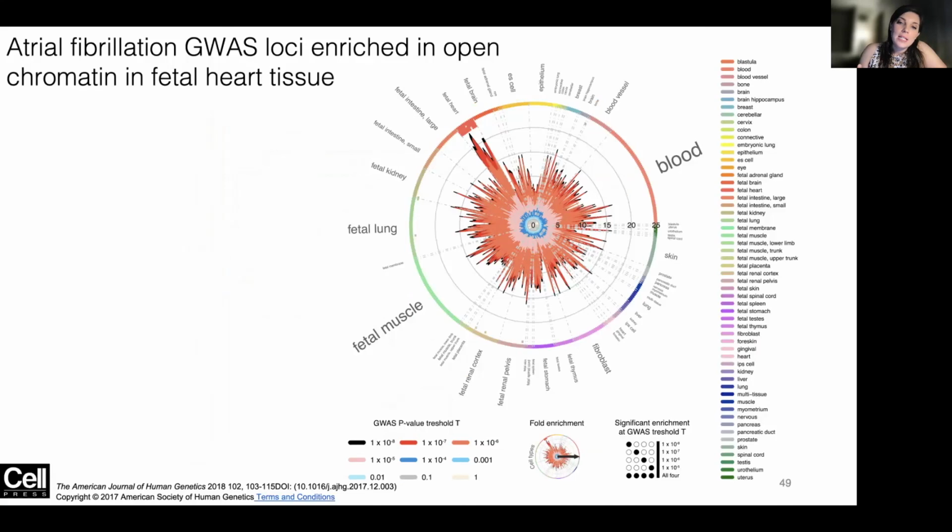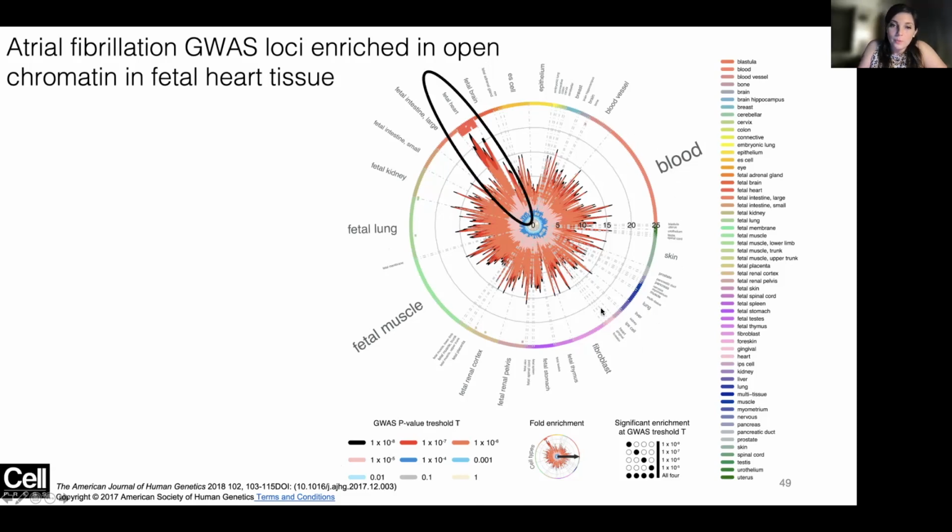SNPs. This is a figure that used the Roadmap Epigenomics data that I talked about to see if there were patterns in the GWAS loci that were enriched in open chromatin, so ATAC-seq data, in specific tissues. So this inside piece is actually the GWAS p-value, like the colorations. This is the legend for that. And then on this outside is the name of the tissue type.